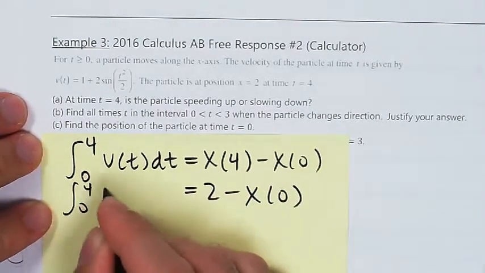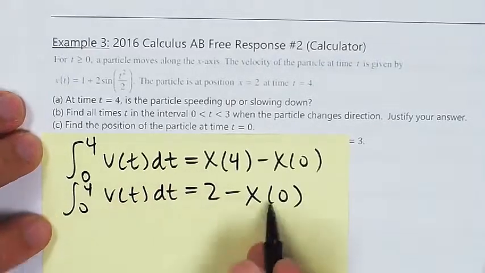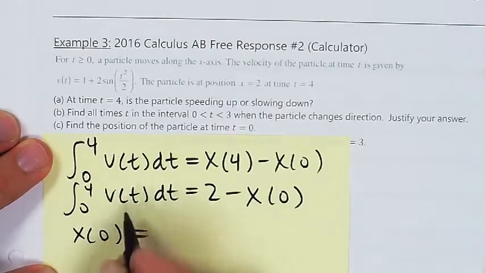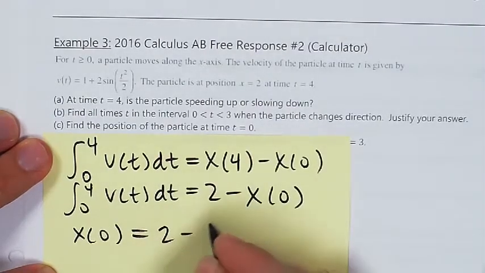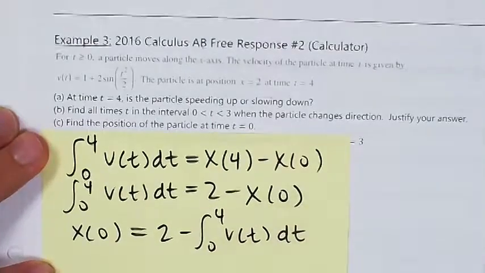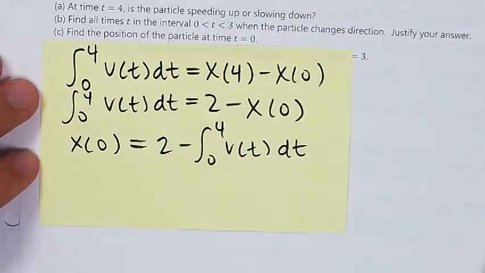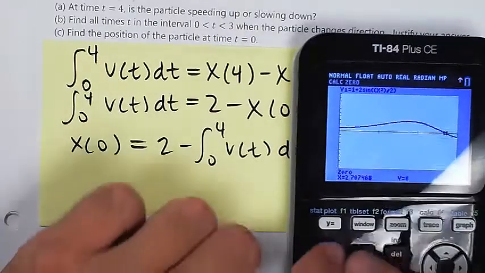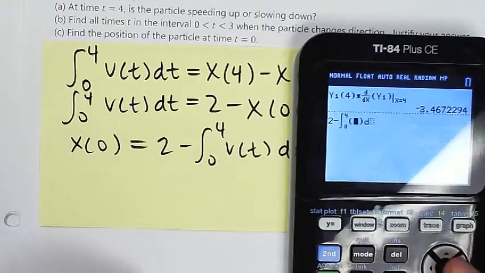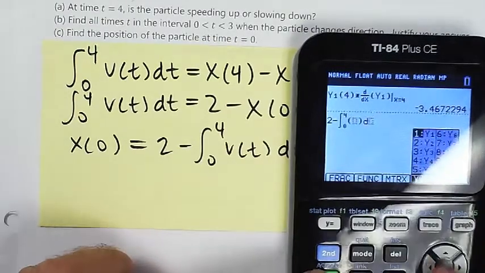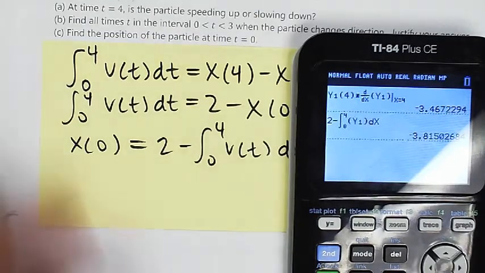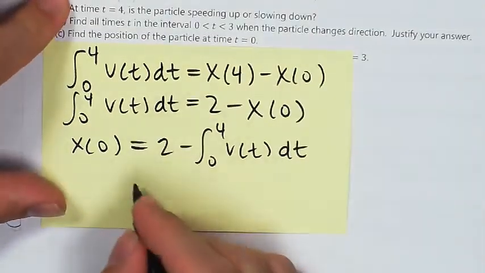Okay, so if I'm solving for x of 0, I'm probably going to add over here and then subtract that integral. Right, and then I'm going to come over here and do that. 2 minus math 9, integral from 0 to 4 of velocity I've got in y1 with respect to time. And I get negative 3.815.